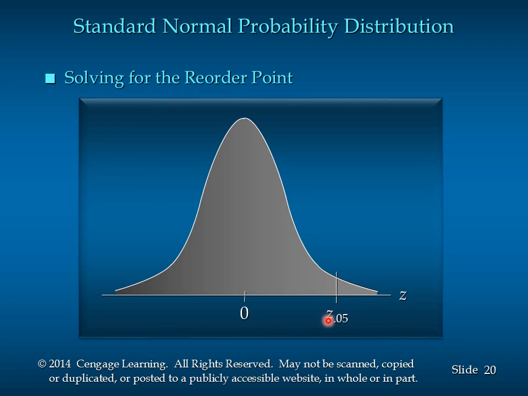You found the z value, and this is how it's denoted mathematically, z.05. If you went and looked at the z chart to confirm it, the reorder point at 95% would be right here. But there is a 5% chance you're going to run out.